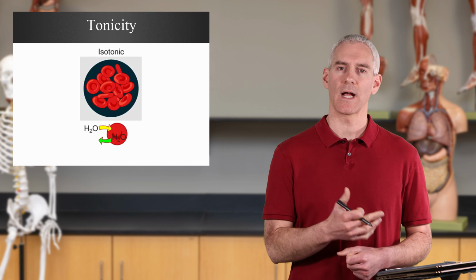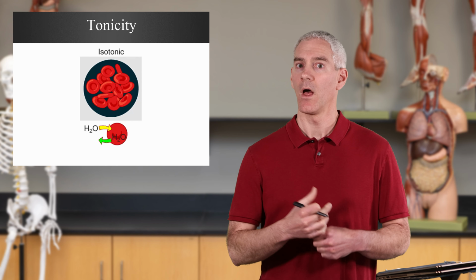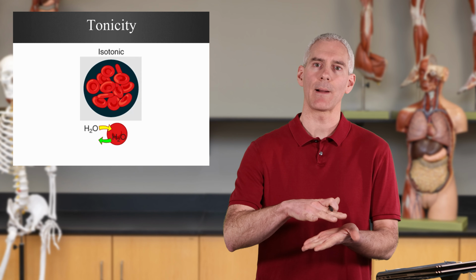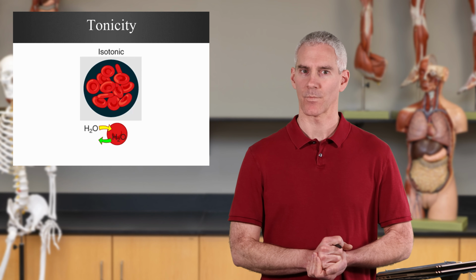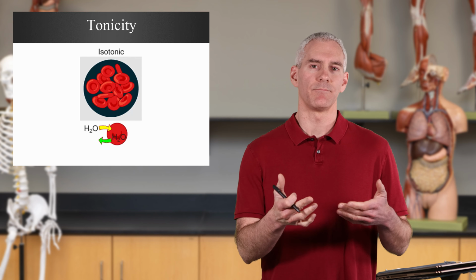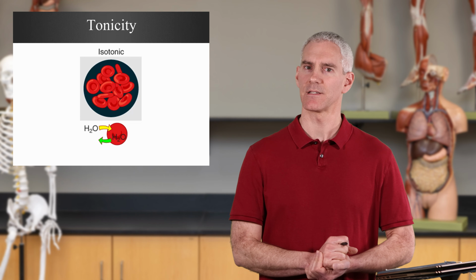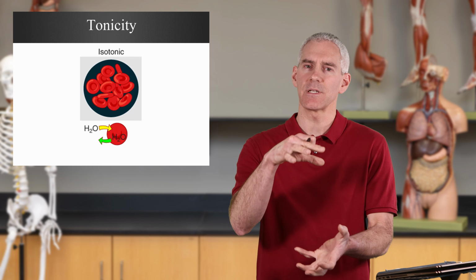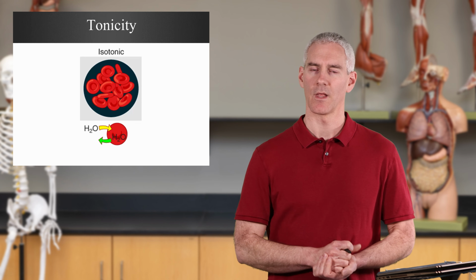So we're always trying to maintain what's referred to as isotonic. Isotonic is the proper homeostatic balance the cell wants to maintain. So your red blood cells, for example, want to maintain this shape. They want to be in about a 0.7% salt solution. That keeps them in the proper shape, the proper functionality.